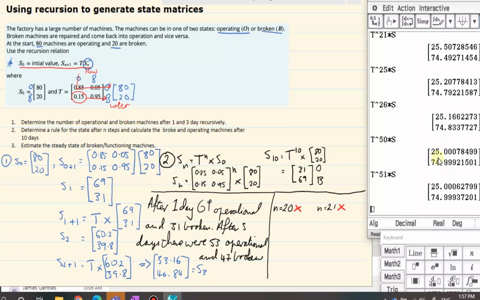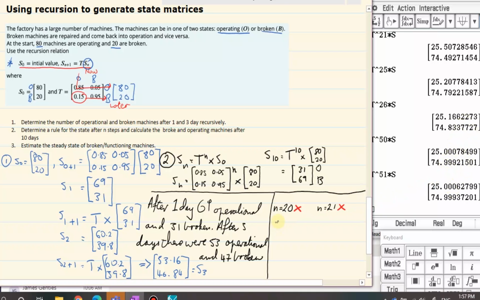Okay, so now you can see that that is settling on 25 well and truly. We've gone really small increments now from there to there. So now I'm happy with that. I've used n equals 50 and n equals 51, and my state matrix is settled on 25 and 75, and so be it for 51 as well.